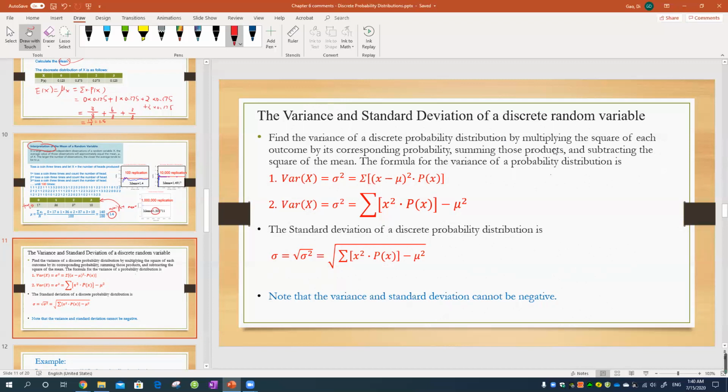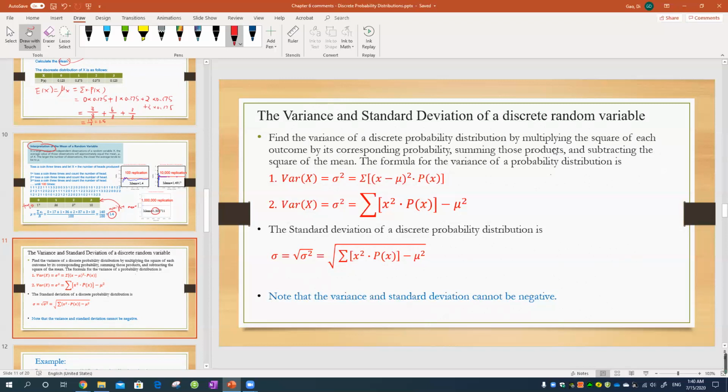The variance of a discrete probability distribution uses the following formulas. We have two ways to do it, just like the sample variance.